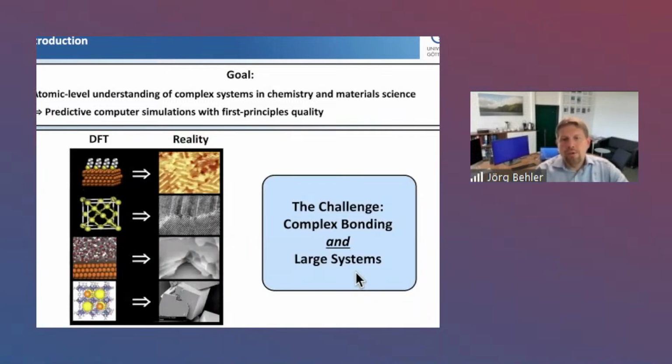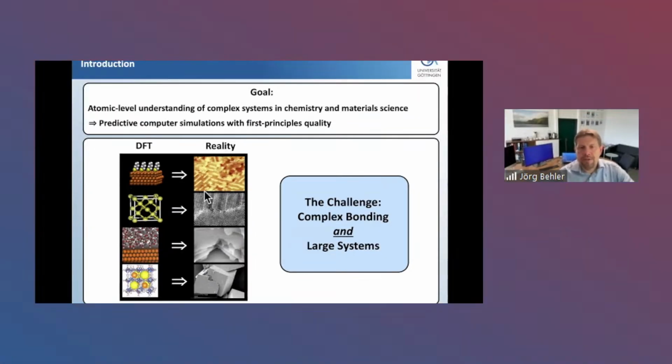If you look at these typical systems, like a slab with some molecules adsorbed, we can address this idealized system directly by electronic structure methods like density functional theory, or this ideal unit cell of an FCC material, or a solid-liquid interface of a 111 surface in contact with water, or even a unit cell of a metal-organic framework as a hybrid organic-inorganic material.